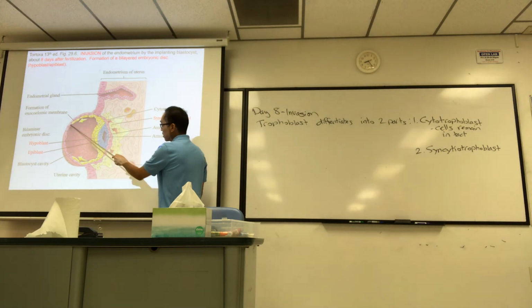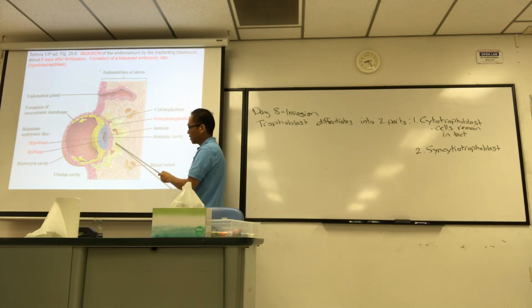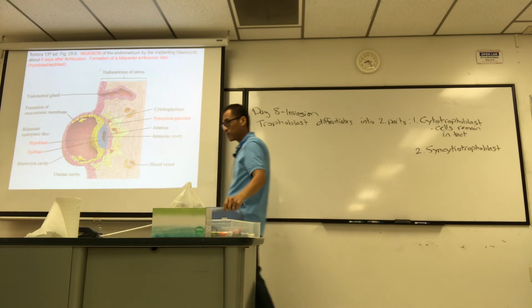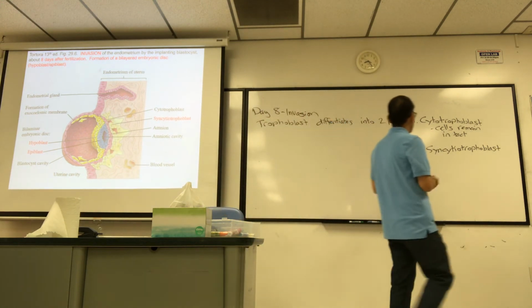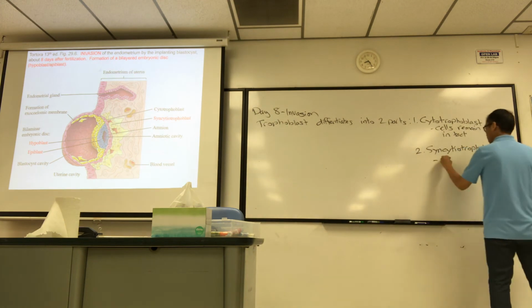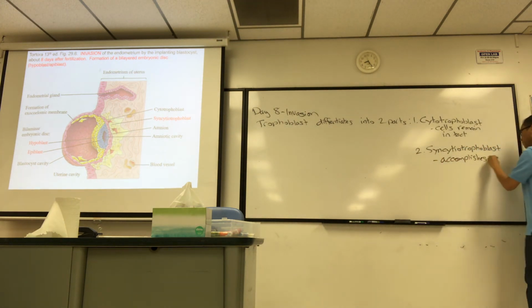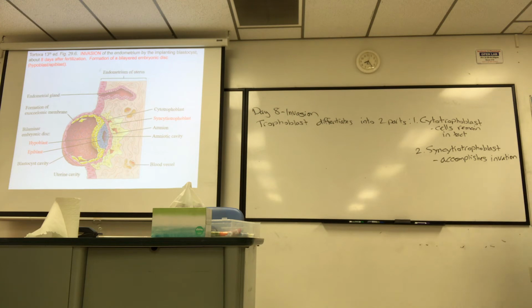However, the part that's doing the digesting or invading is called the syncytiotrophoblast. It really accomplishes invasion, because in this trophoblast the cell membranes break down, all the cytoplasm fuses, and you basically have this giant blob digesting into the endometrium.